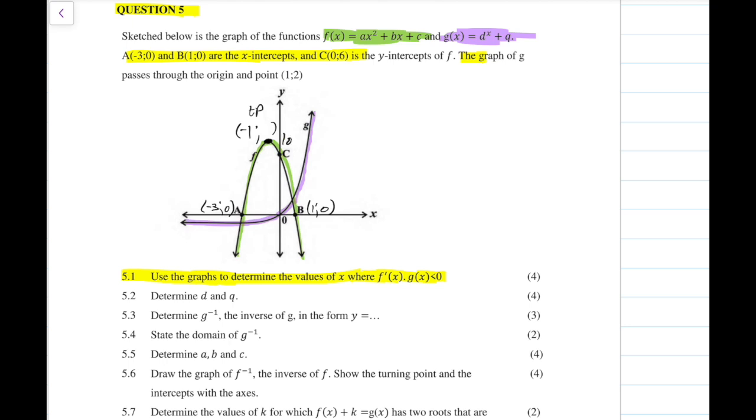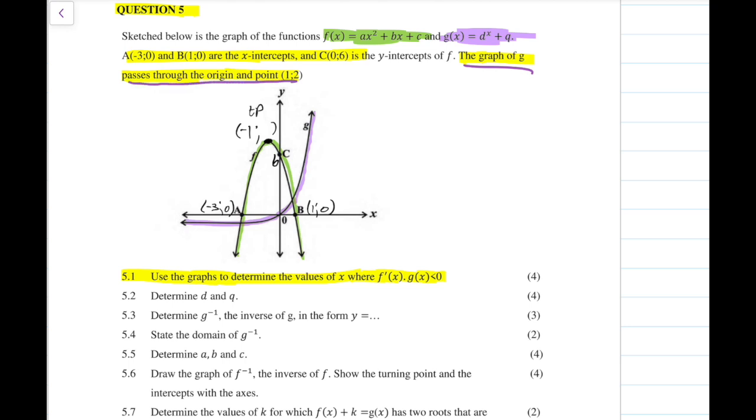So this is (0, 6). It would be easier for me just to show that this is 6 there. And then it says that the graph of g passes through the origin and the point (1, 2). Okay, so g passes through those particular points, through the origin and (1, 2).